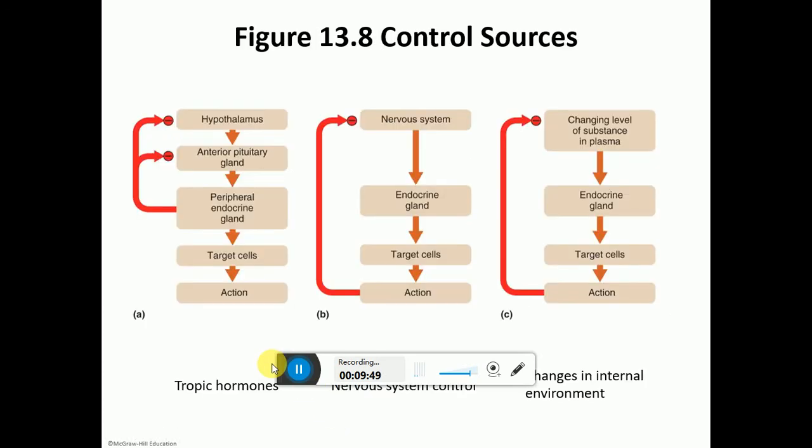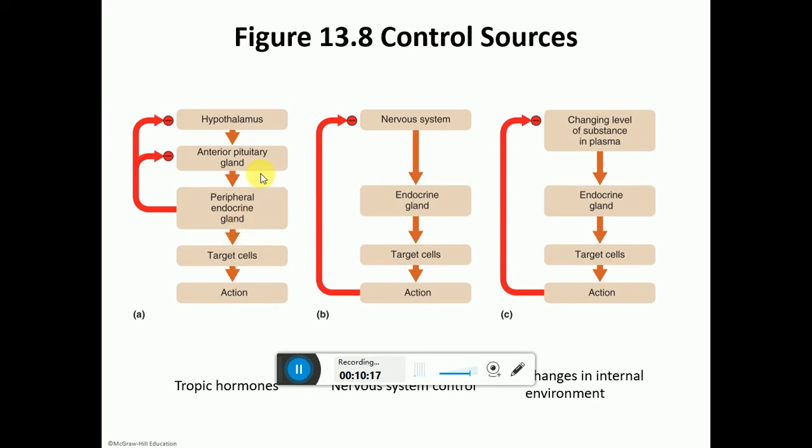So here you can see in this image the three methods that we talked about. So the tropic hormones, we have hormones that come out of the hypothalamus, and those control release of hormones from the anterior pituitary. The anterior pituitary hormones are going to, in turn, control the release of hormones from the peripheral glands.